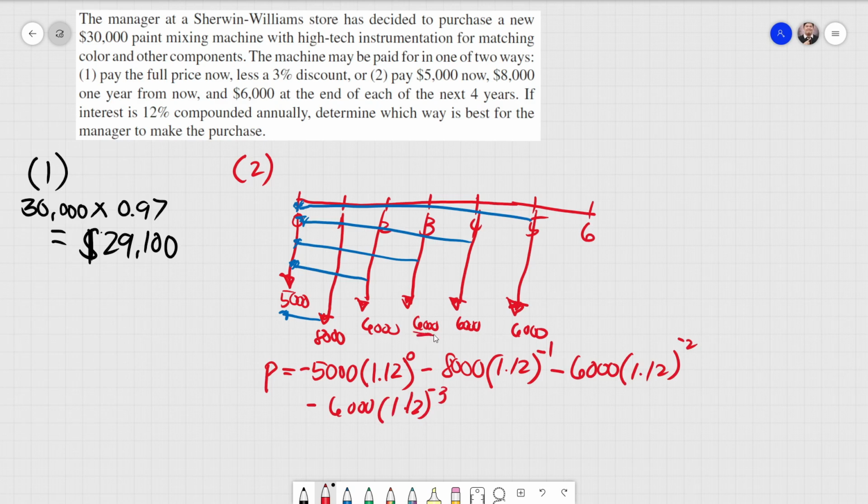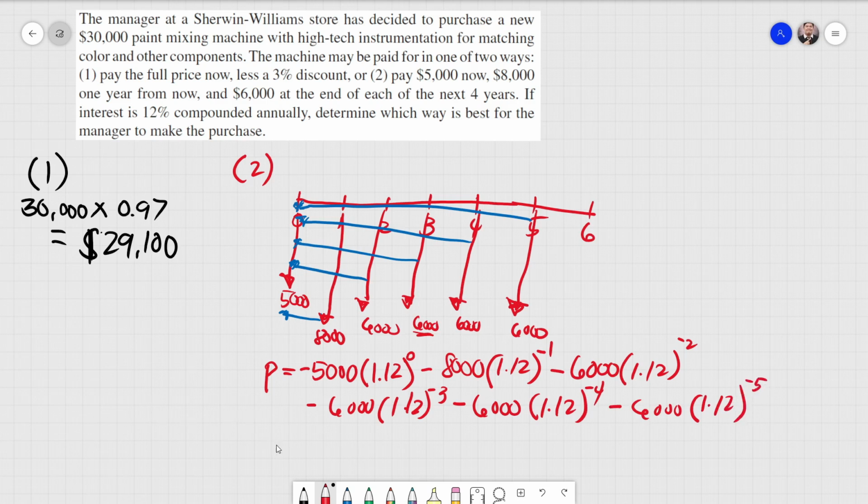Minus another 6,000 times 1.12 raised to negative 4. Lastly, para sa year 5, minus 6,000 times 1.12 raised to negative 5.